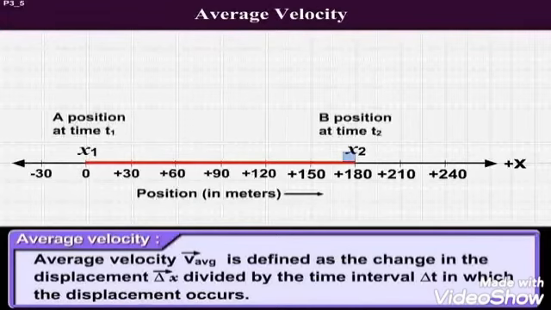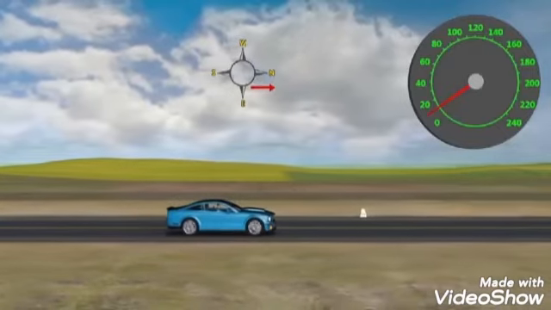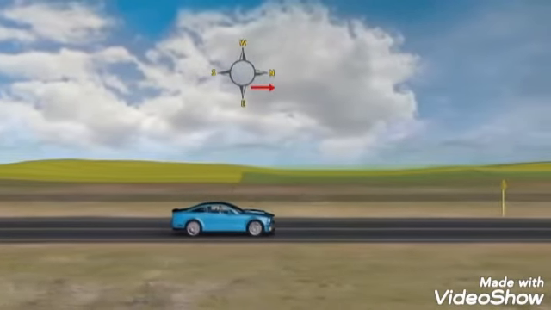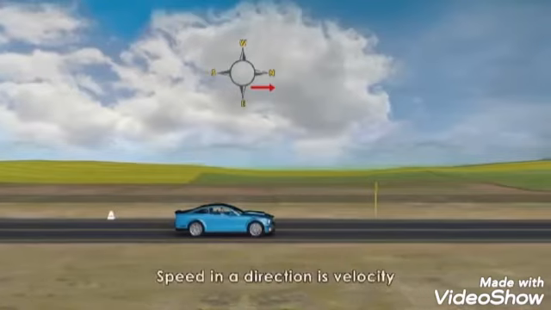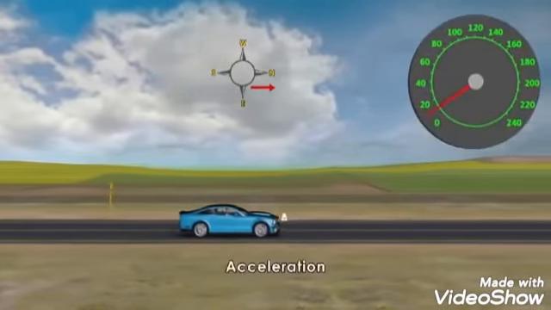Now you take the two positions x1 and x2 at the time t1 and t2. Now the average velocity is defined as the change in the displacement del x vector divided by the time interval del t in which the displacement occurs. Here the car is heading to the north with some speed. Speed in a direction is velocity.